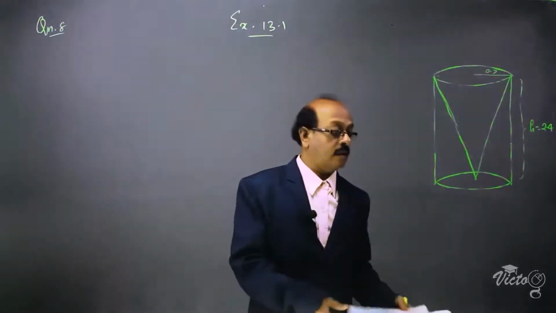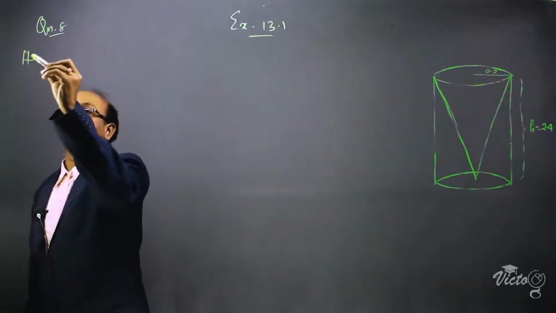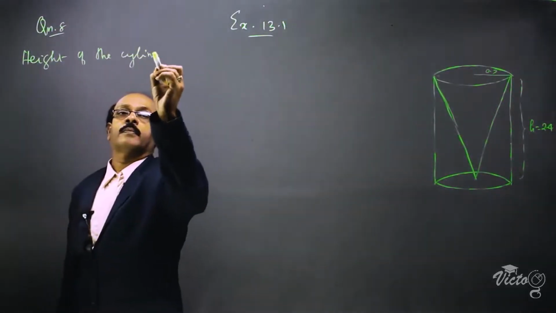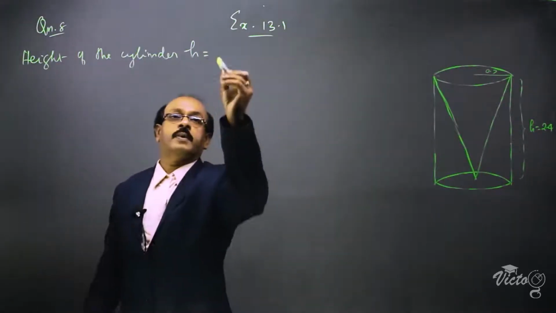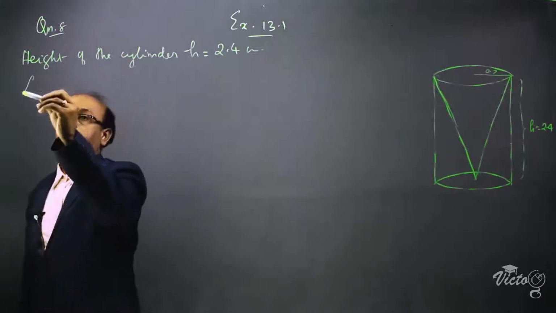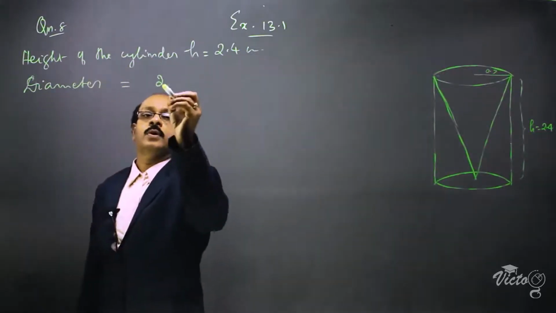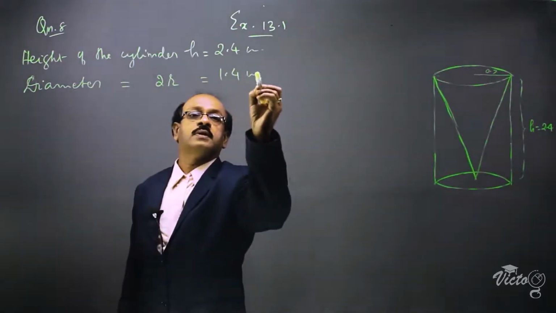So, we can write as height of the cylinder h is equal to 2.4 centimeter. Diameter is equal to 2r is equal to 1.4 centimeter.